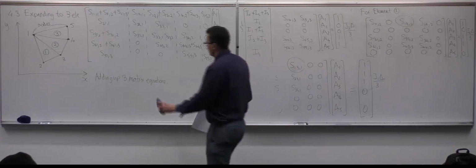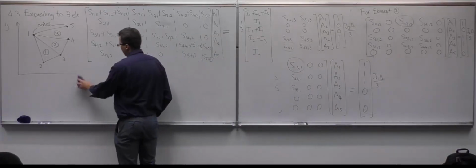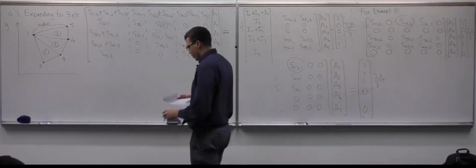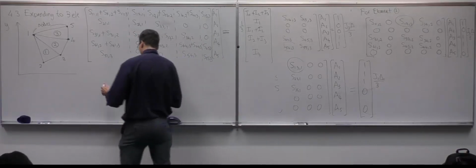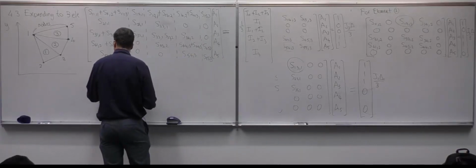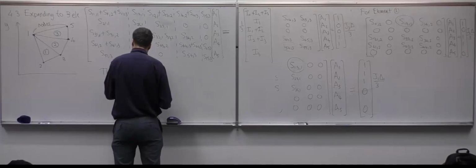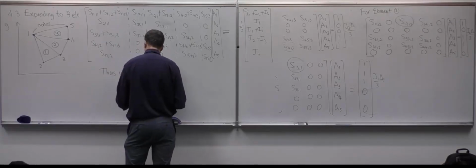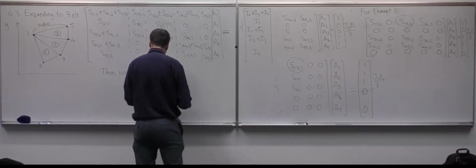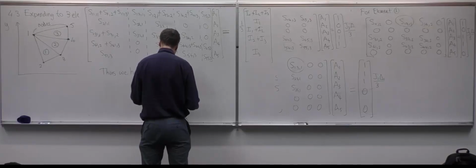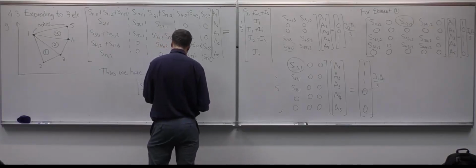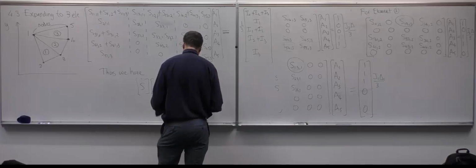And so then you can see that this has the form of a matrix. So thus we have S matrix times A matrix equals a T matrix.